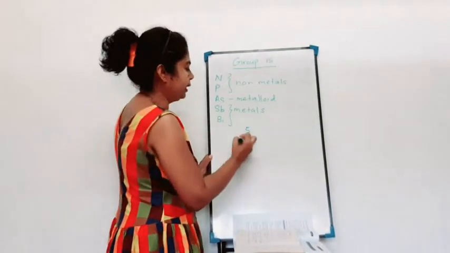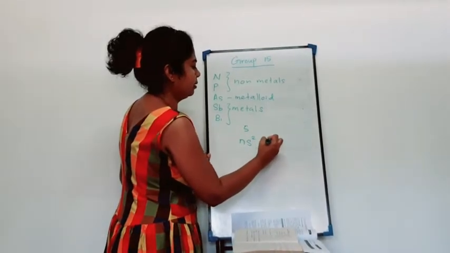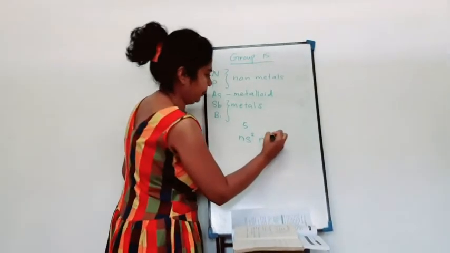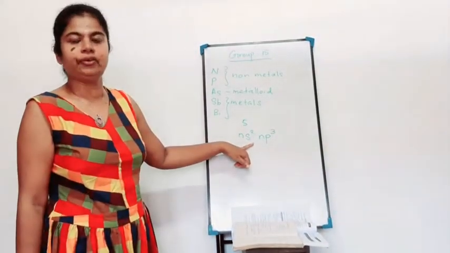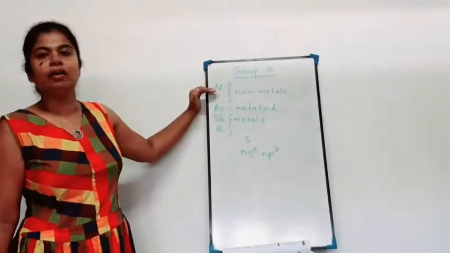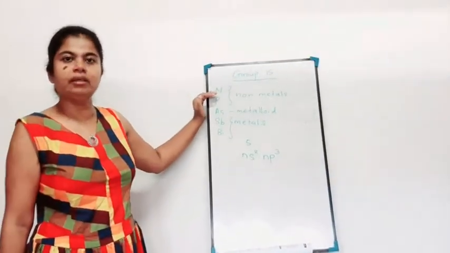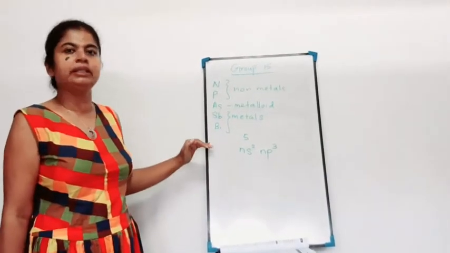Therefore, the common electronic configuration is ns2 np3. According to our syllabus, we have to learn more about nitrogen, not more about the other elements.